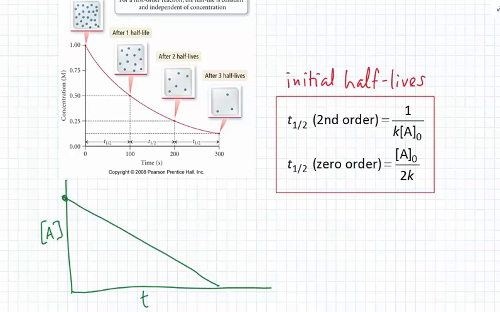Initial concentration, right there, A0. Let's make a mark halfway up, and trace over to that time and go down. That is the initial half-life, T1/2.